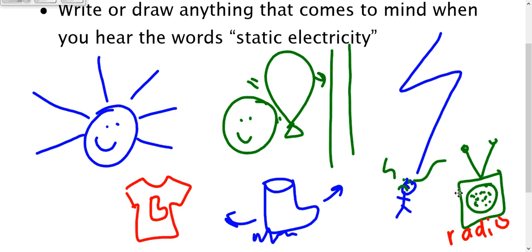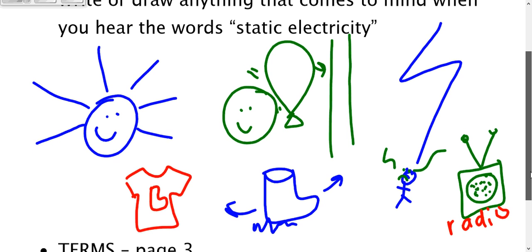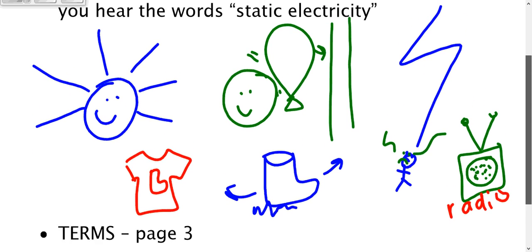Static on the TV or radio, rubbing a balloon on your hair and then sticking it to the wall, shuffling your socks along carpet and then maybe getting a shock if you touched a doorknob or something like that. And we're going to come back to that. Pulling a shirt out of the dryer and having a sock stuck to it, or just in general having your hair stand up on end when you touch that Van de Graaff generator. So those are all great examples of static electricity.